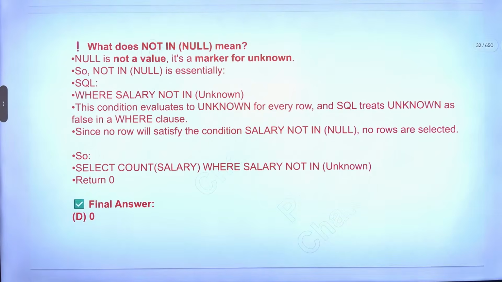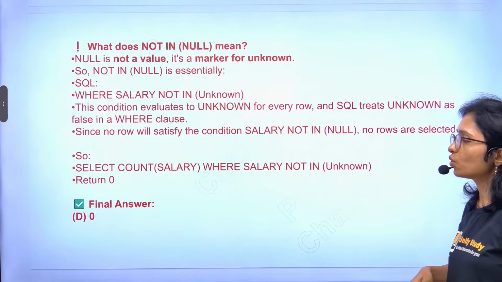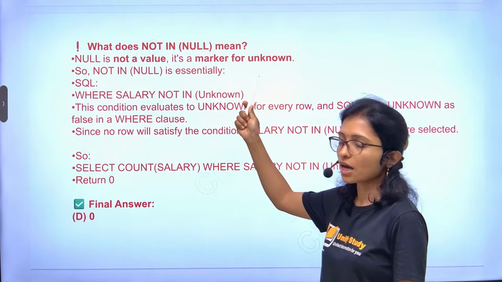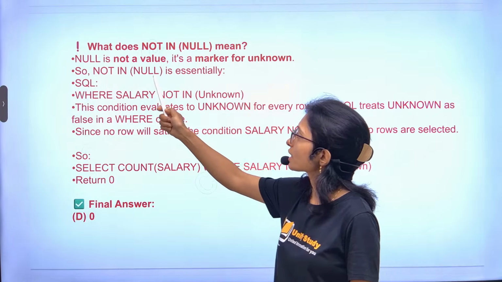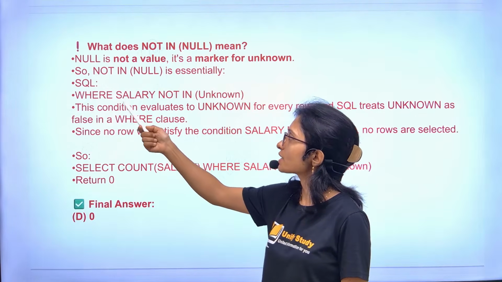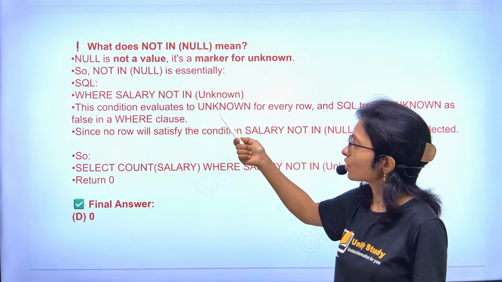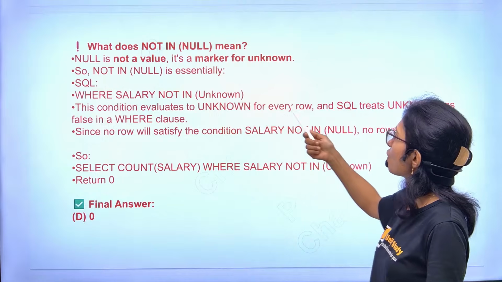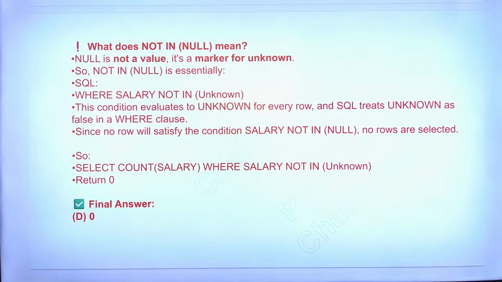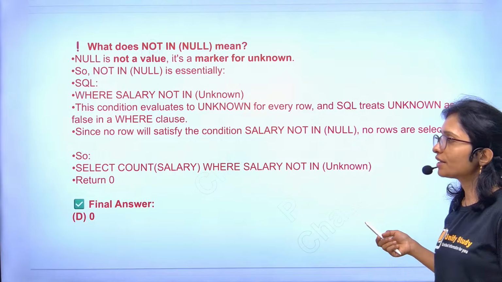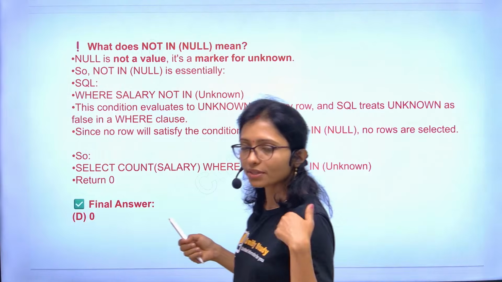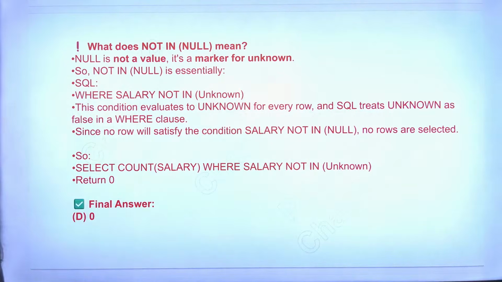The null here is the marker of unknown. Null means unknown. Now here, not in null means where salary not in unknown. The condition is unknown for every row. That means here it will return you 0. Everything is known. Is there anything unknown?